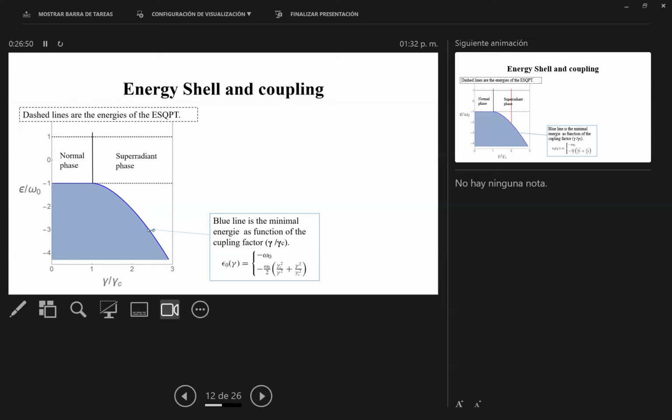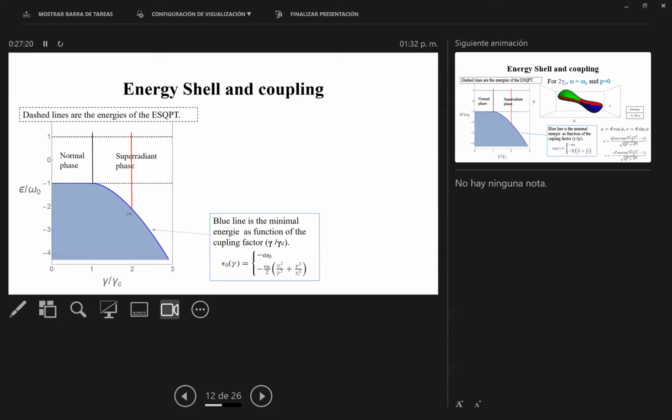Before this value, the minimal energy is -1. After that, the minimal energy changes and makes a superradiant phase, which is another regime of the system in this control parameter. These dashed lines represent ESQPTs, which I will explain with this animation.